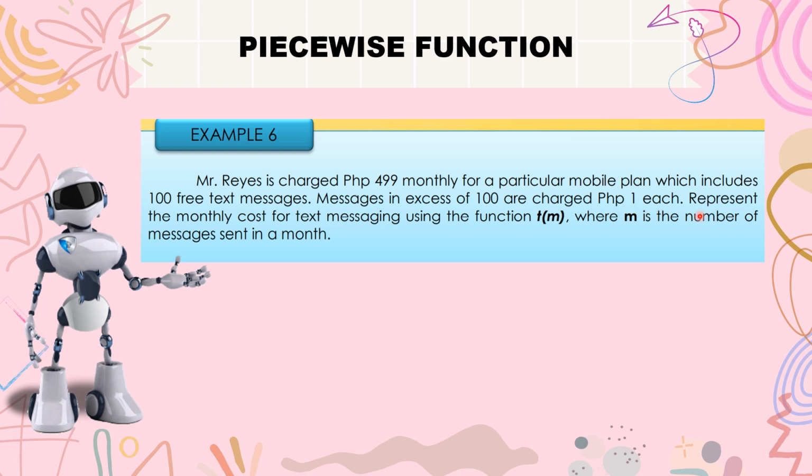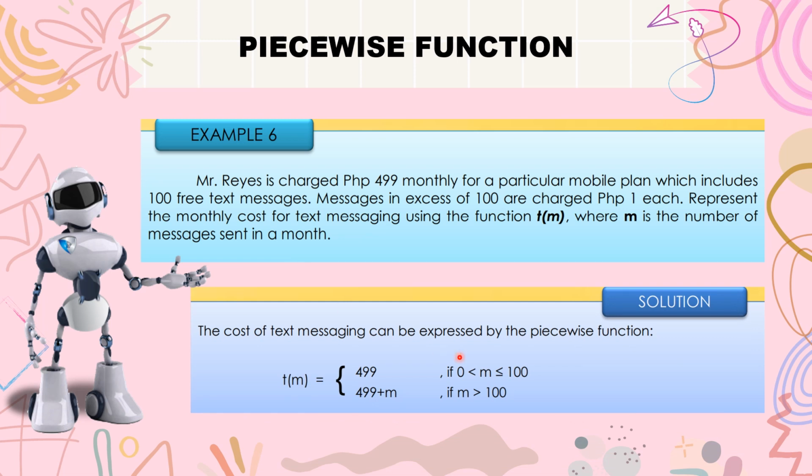Represent the monthly cost for text messaging using the function T of M, where M is the number of messages sent in a month. For the solution, the cost of text messaging can be expressed by the piecewise function. So our T of M here is the monthly cost for text messaging.